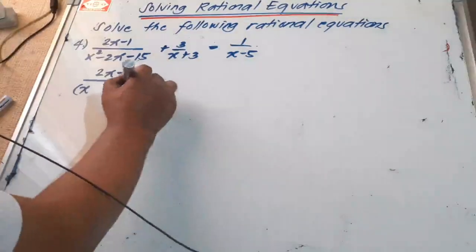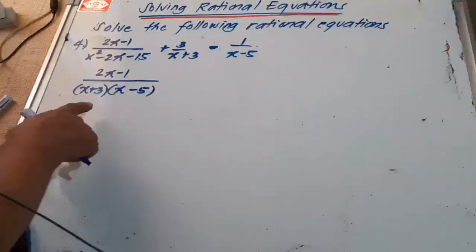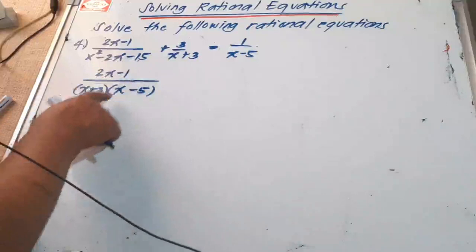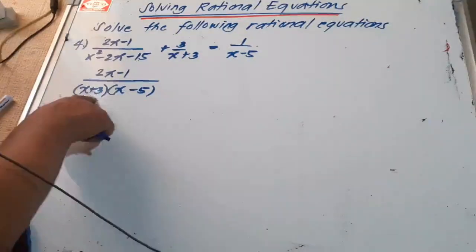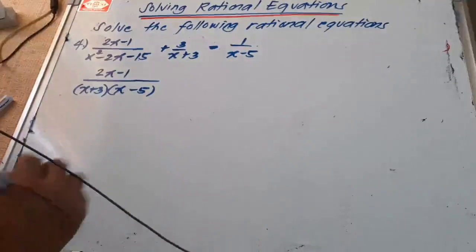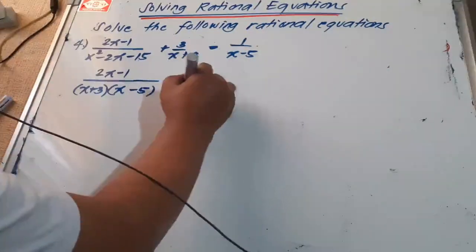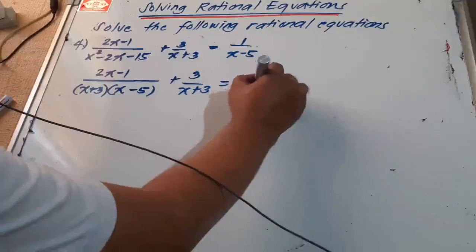So therefore, negative 5 here, positive 3 here. Okay? So check natin. X times x is x squared. 3 times negative 5 is negative 15. For the middle term, product of the means plus product of the extremes, so 3x minus 5x is negative 2x. So tama.